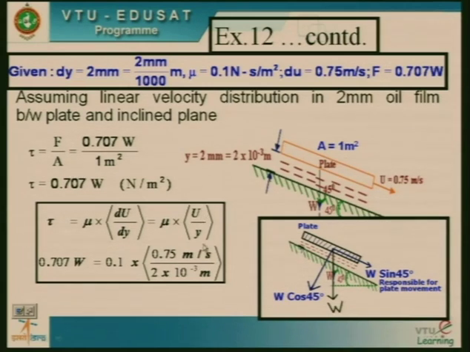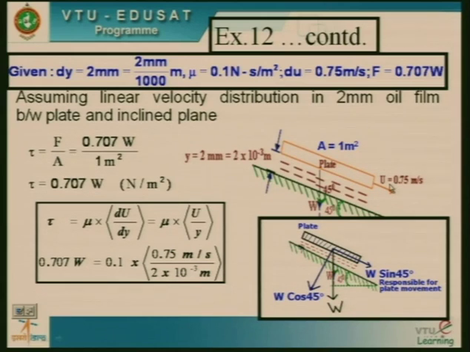Let us substitute the value, my dear friends. F is 0.707, area is 1. So, this remains as it is, equal to mu in SI system 0.1 Pascal second, then into u 0.75 meters per second, which is the velocity. You can see the plate velocity here 0.75 meters per second.